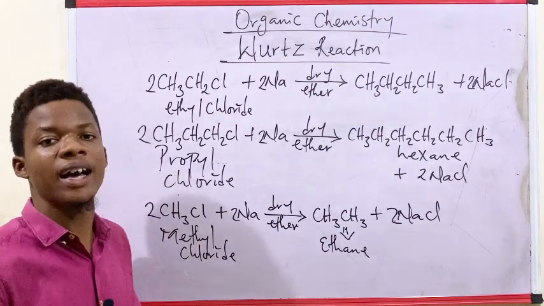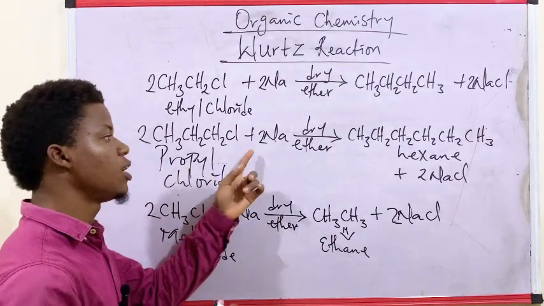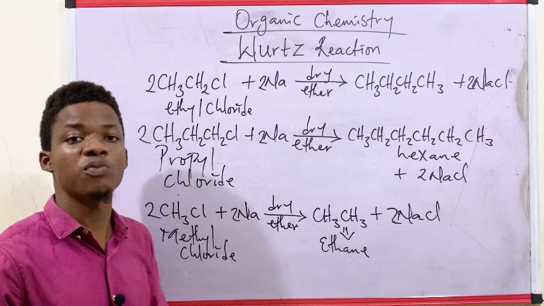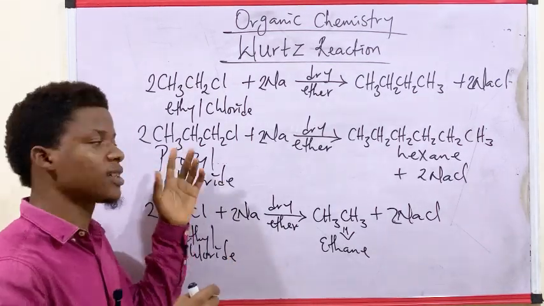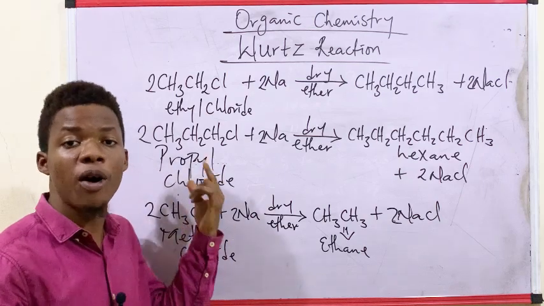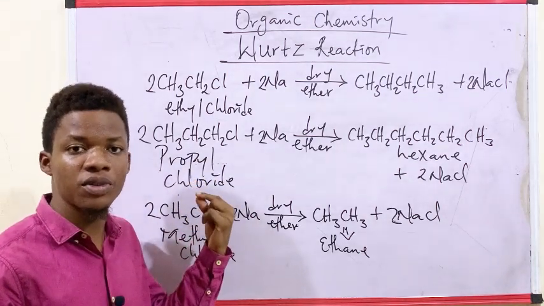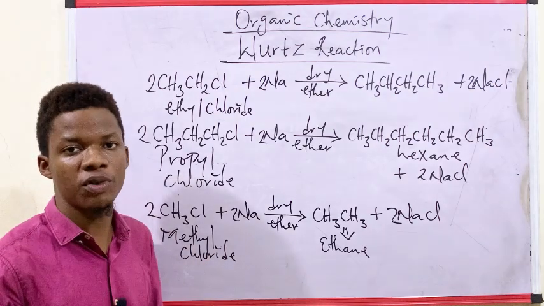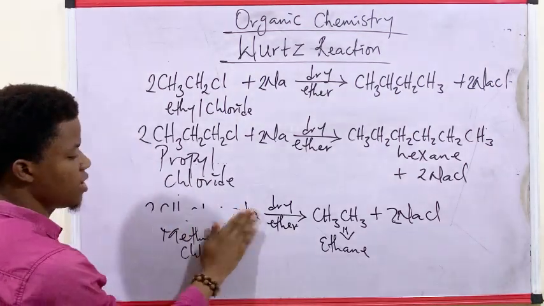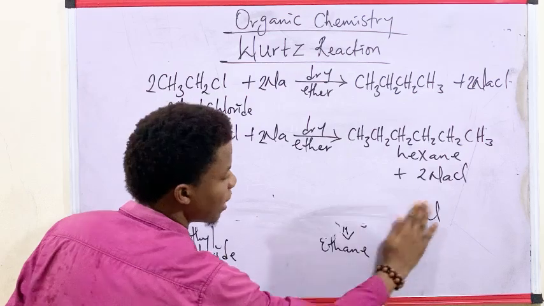So for any alkyl halide you are using to react with sodium in dry ether, just count the number of carbons in the alkyl halide and multiply by 2. You get your corresponding alkane. One more thing, just so it is properly clear.